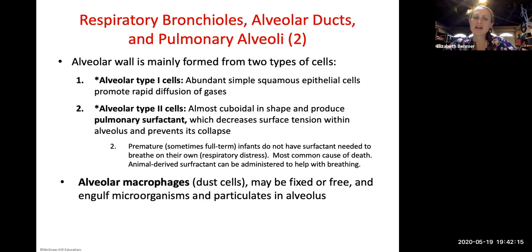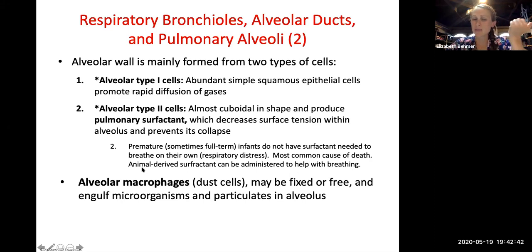So premature infants, really any baby born before 36 weeks, do not have this surfactant needed to breathe on their own. So this is why they need to be hooked up to some sort of ventilator or be in the NICU just to wait for their lungs to fully develop, specifically their type 2 cells. This is also the most common cause of death in premature infants.